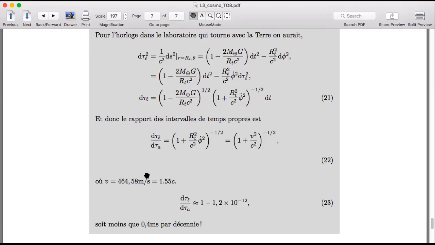So this is the speed an airplane would have to go around the Earth in one day. As I say, that is feasible, but it's supersonic. The speed of sound is 340 something meters per second. So this is a supersonic speed, but not unobtainable.